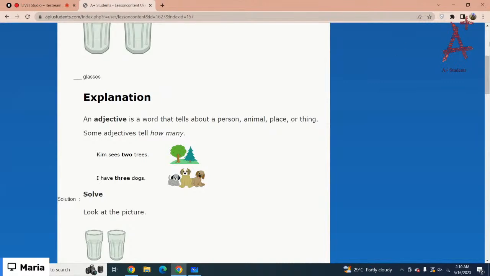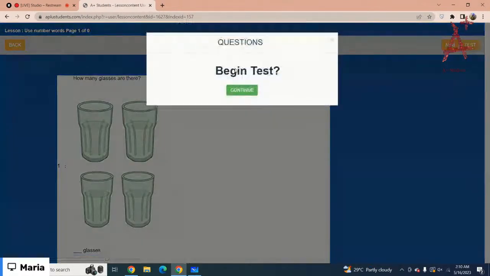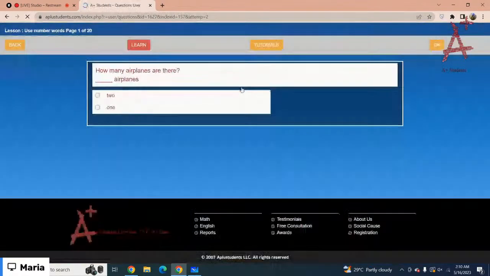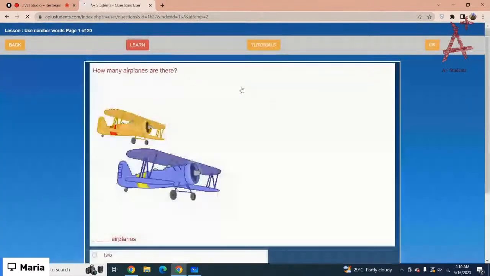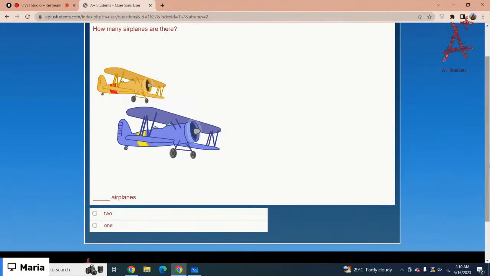Let's just start with the test questions. How many airplanes are there? You have to count the airplanes. Two, one. Yes, two airplanes. You have to now count the items. Got it?